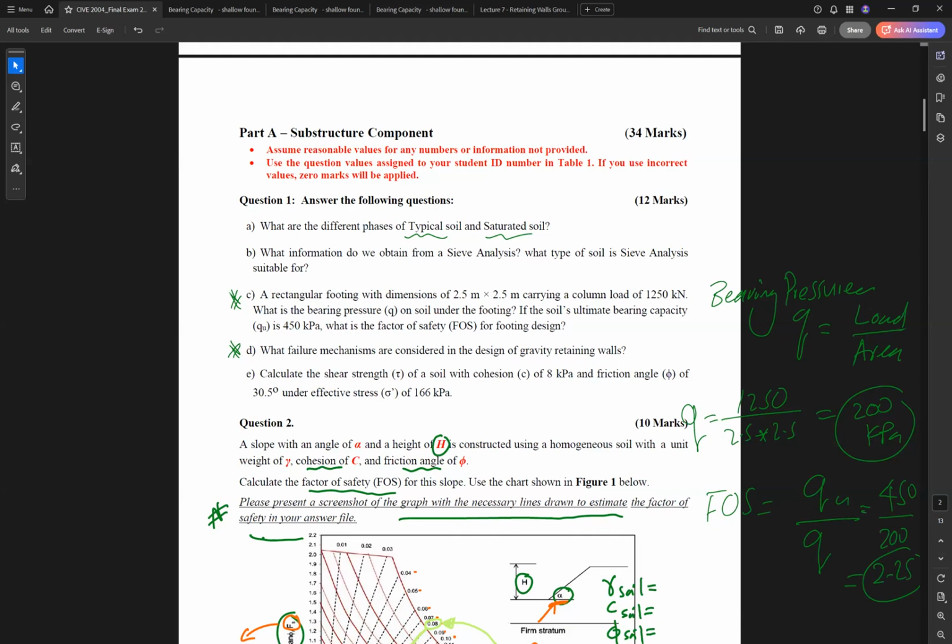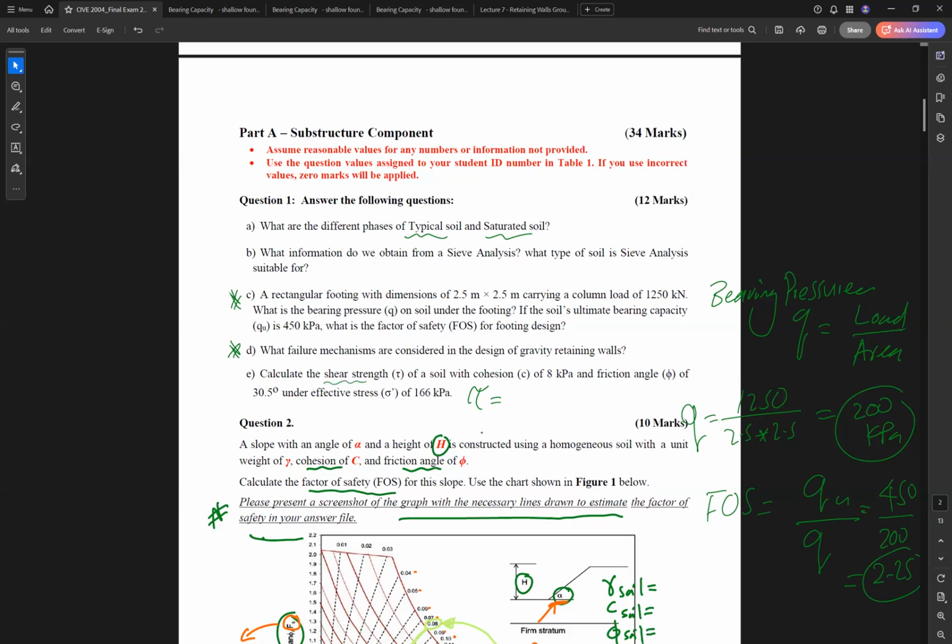Okay. What about the calculation questions? What are they going to do? Yeah, for the calculations, do you know this one? Tau, this one is also a simple one. Tau equals what? Don't know? The shear stress.